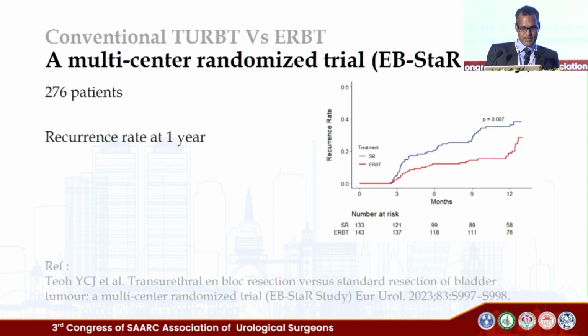And there is another multi-center randomized controlled trial, a recent trial that includes 276 patients, that also shows the recurrence rate at 1 year is improved with en-bloc resection of bladder tumor. So there are some controversies regarding the recurrence rate.